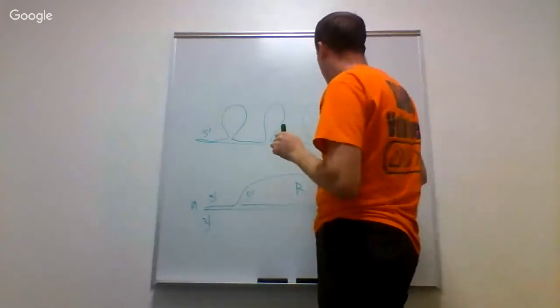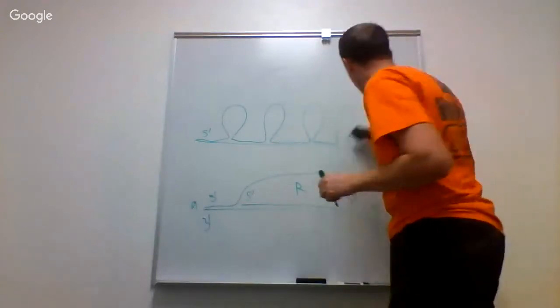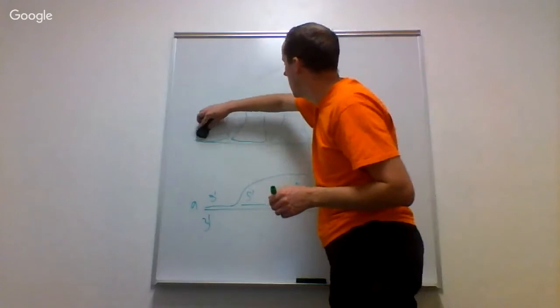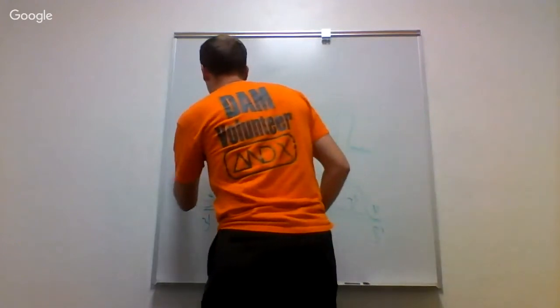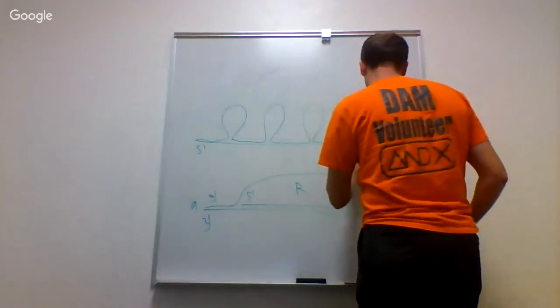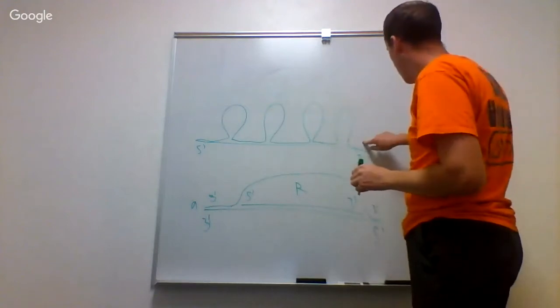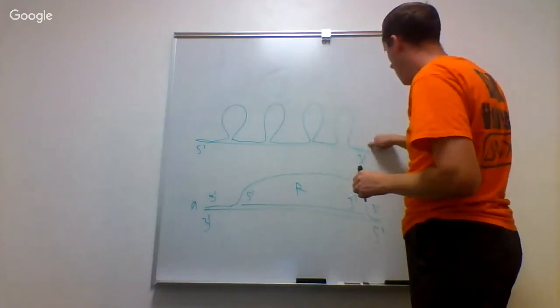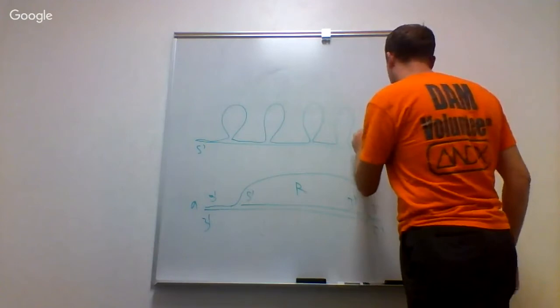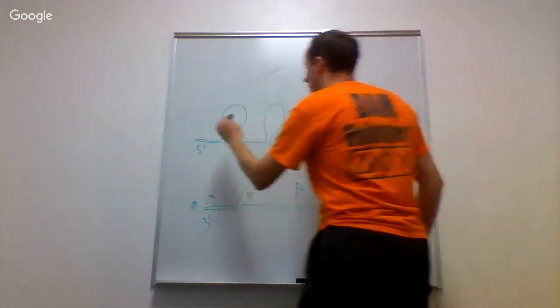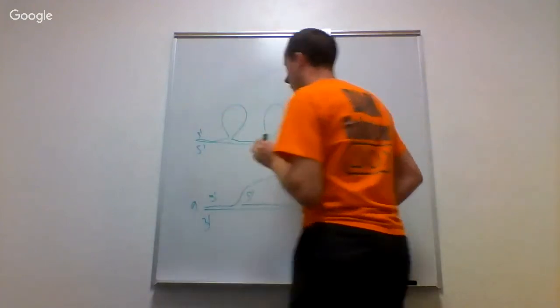So this down here is our mRNA. And this up here is our template DNA strand. This would be 5 prime here and 3 prime here. Okay.